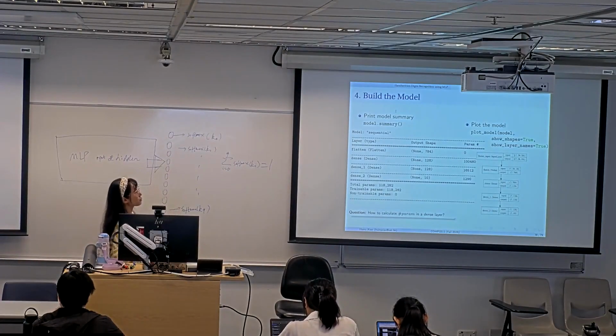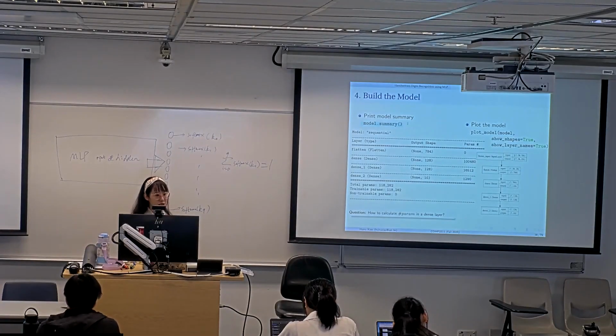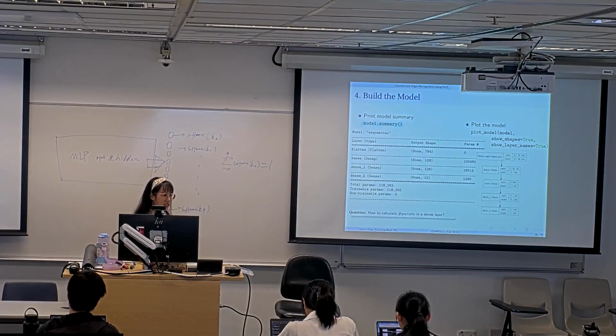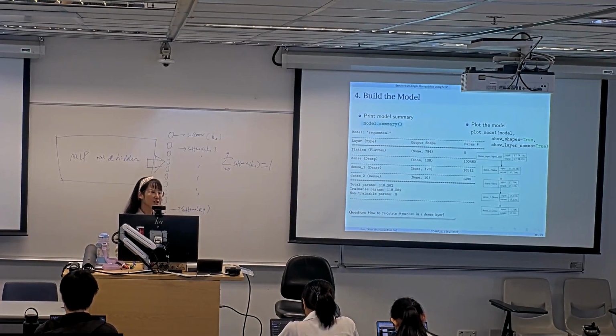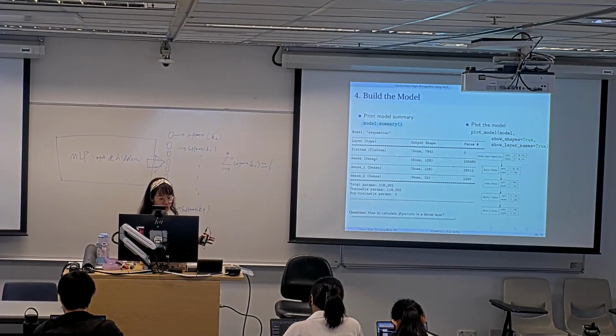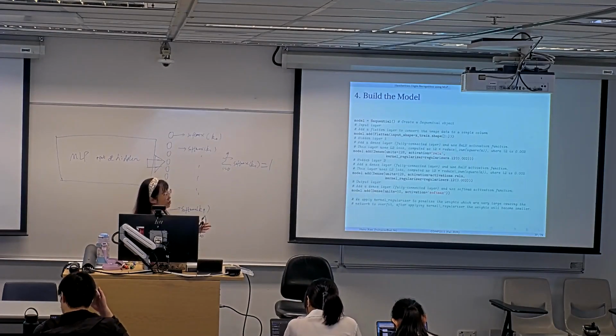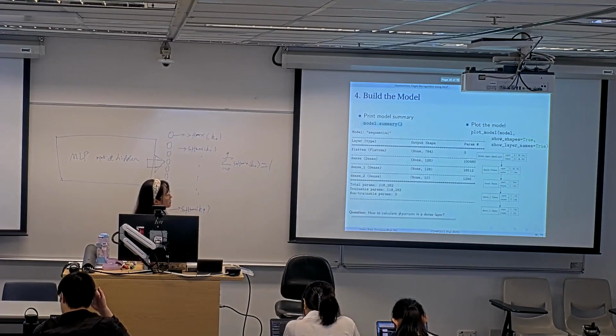This is provided by keras. If you directly print model.summary, you can see everything very intuitively and straightforwardly. So you don't need to look at your code to know which layers you have. You directly see them from here.